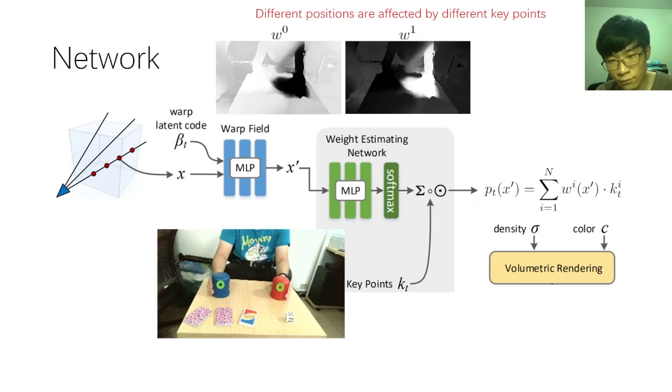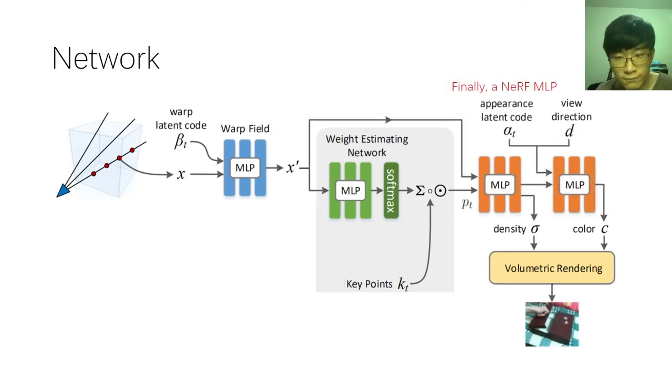Then we calculate a weighted key points vector as a linear combination of all key point positions using the key point weights. And we will use the weighted key points vector to model the dynamics at X. We feed this vector and the canonical query point to a NeRF MLP, and this MLP outputs the corresponding density and color. And then we can render images using this density and color through volumetric rendering.